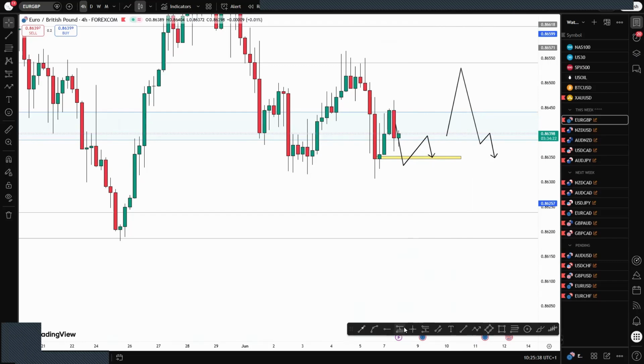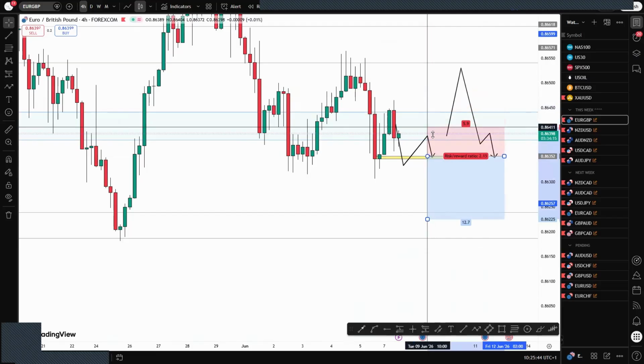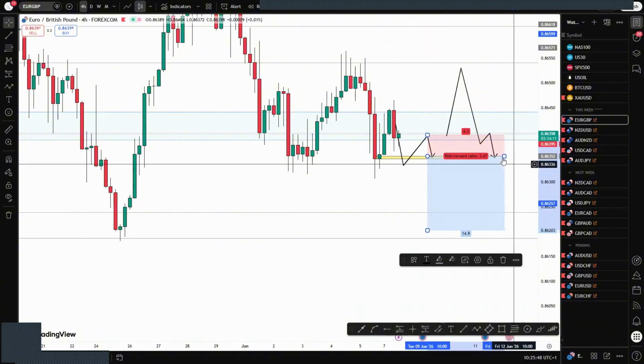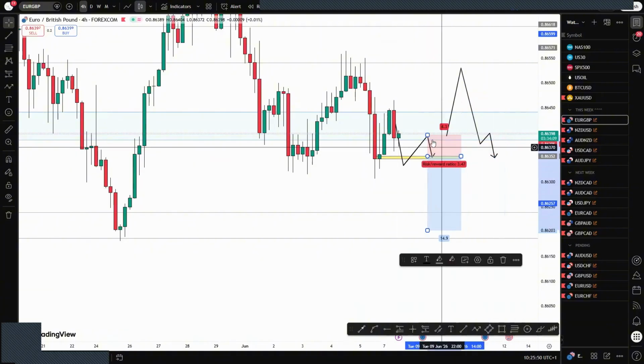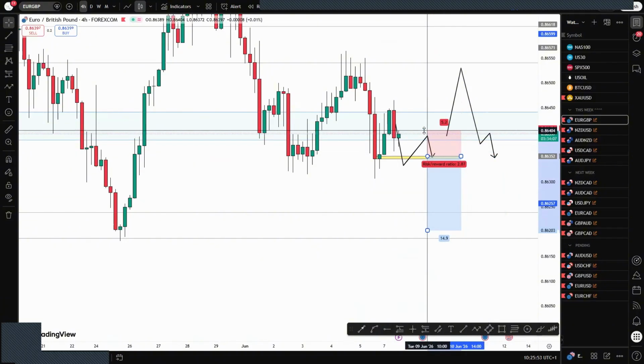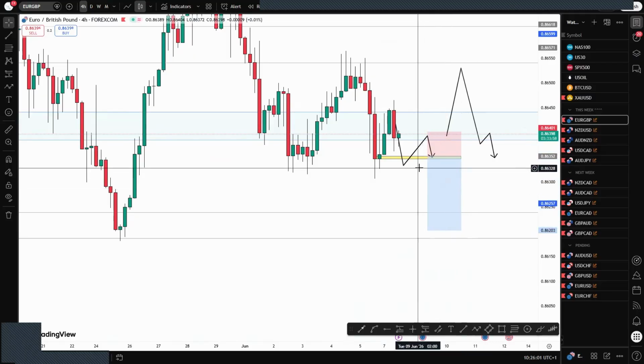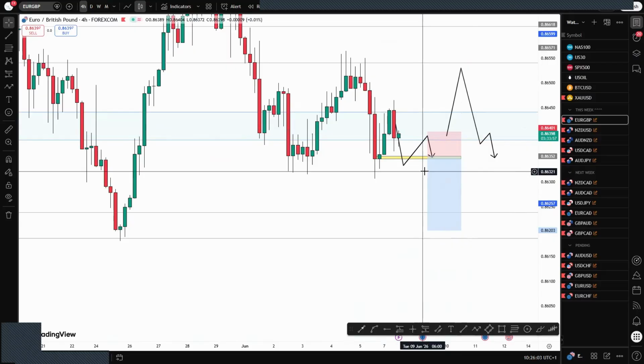But again, with this entry, the engulfing should be reasonable to give me at least a minimum risk to reward. Okay. At least a minimum 1 to 3. That will be fine for us. If we can't get that, then we can't really take this trade, even if it looks clean.